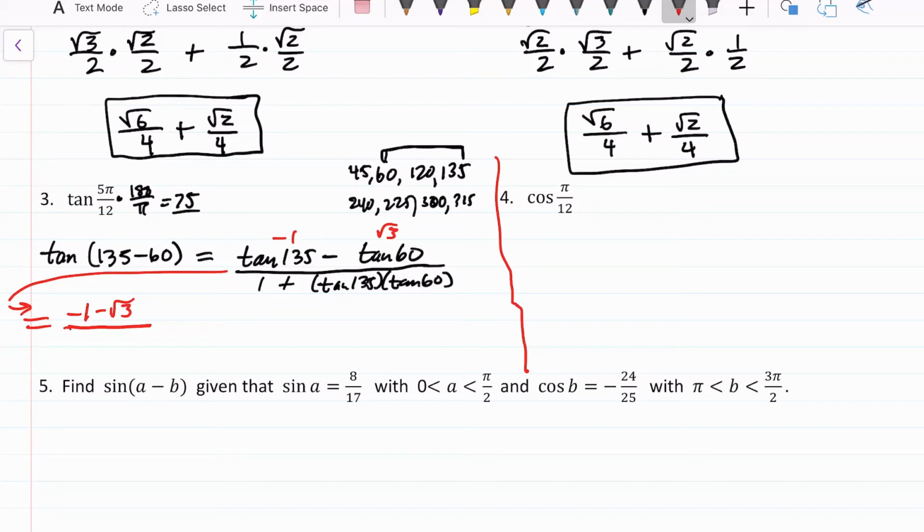And then in the denominator, this will be 1 minus radical 3, because it's 1 plus negative 1 times radical 3, which is 1 minus radical 3. So remember, these are multiplied together and you have to do that first. So don't do 1 minus 1.